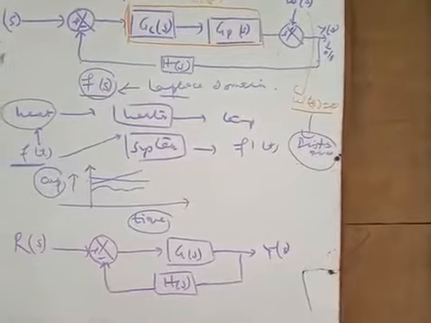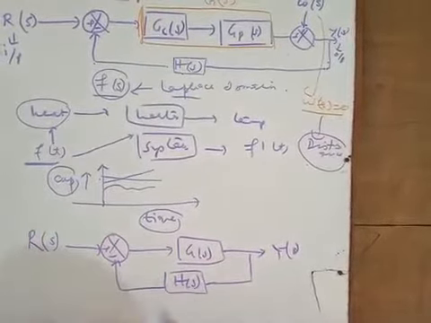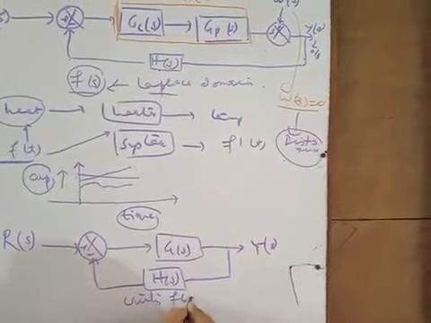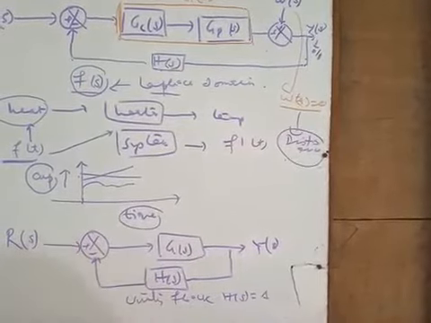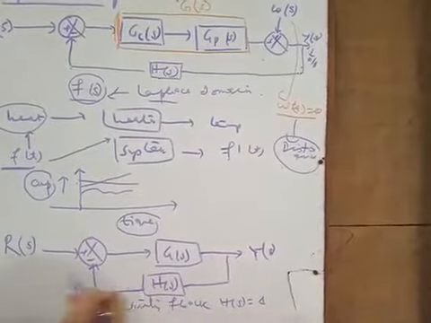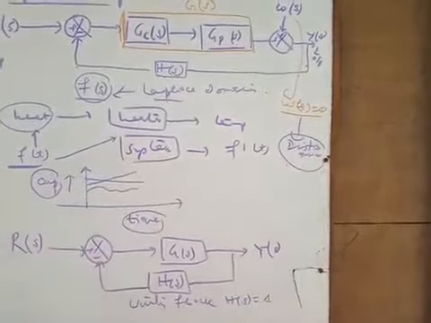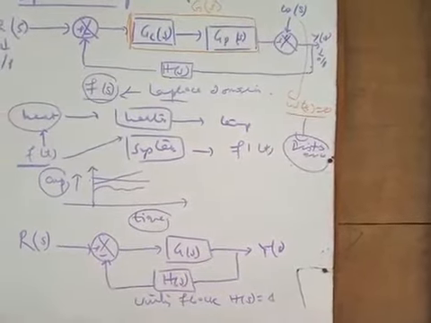For a unity feedback system, H(s) is considered to be 1, so this is a single line. This is your input, this is your output, and this is the transfer function of the system. So you know the basic definition of the transfer function.